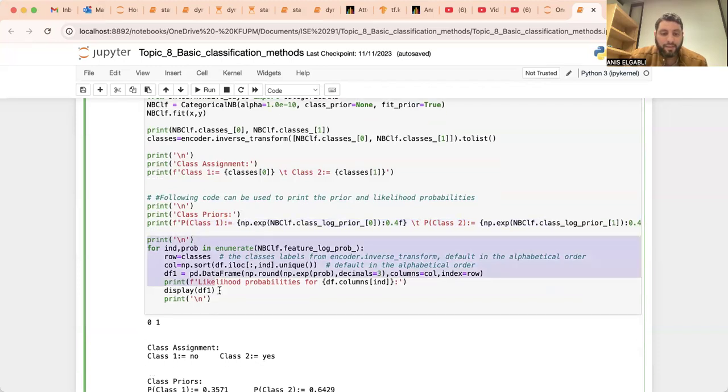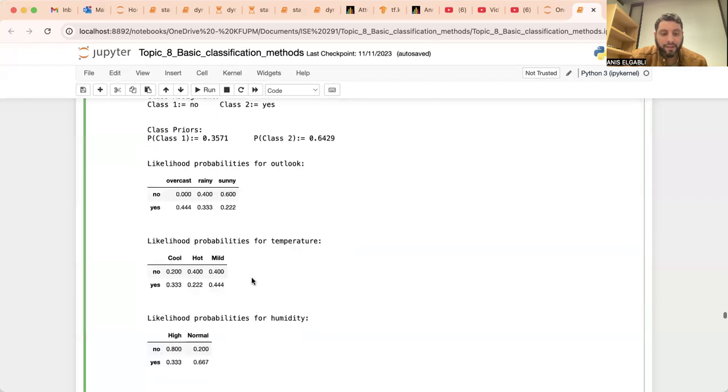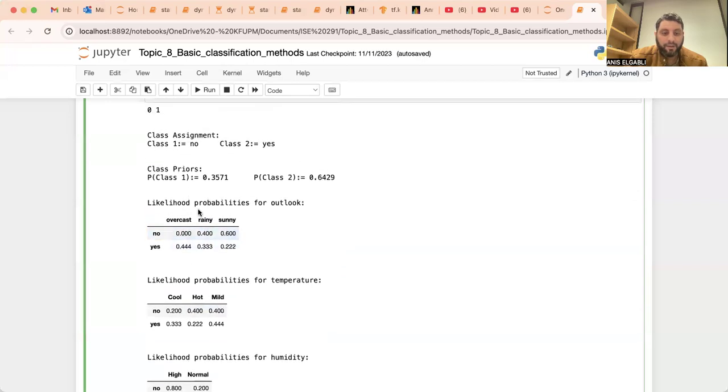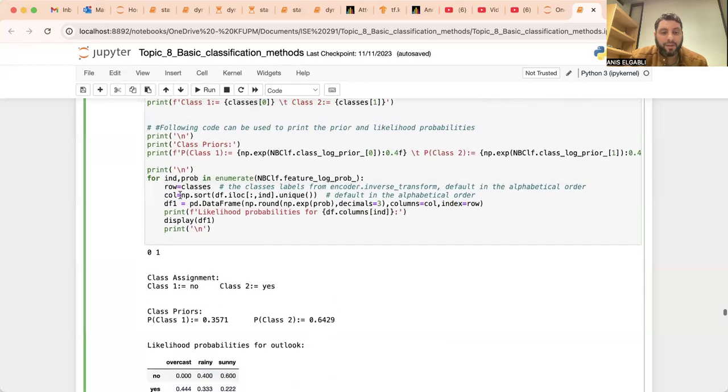And here, simply, we iterate over all the features by retrieving this property of the object, the feature log probability, and we are defining rows and columns for the tables, as we will see down below. So we're printing these tables, okay? The likelihood probabilities for each one of the features. Simply we iterate over them.